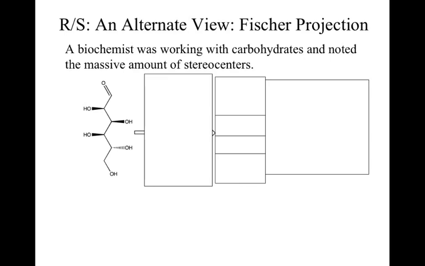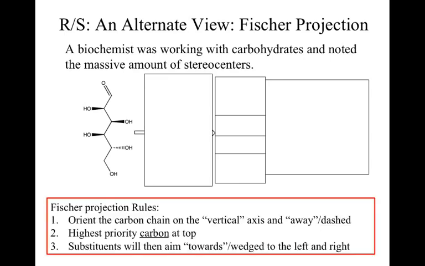And so what he did was change his view on the molecule. Okay? And here are the rules on how he changed his view. We want to orient the carbon chain on our vertical axis, and every atom of the chain will always go away from whatever carbon you're referencing in your axis.